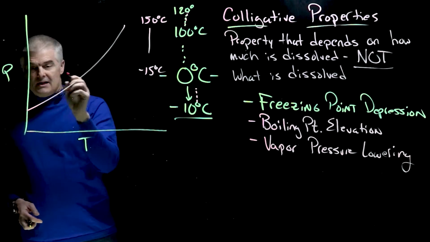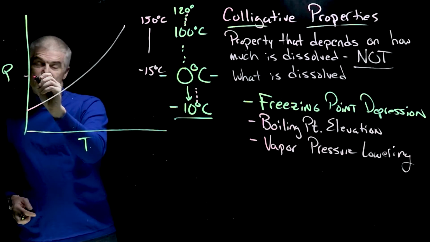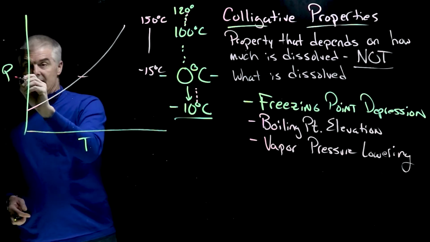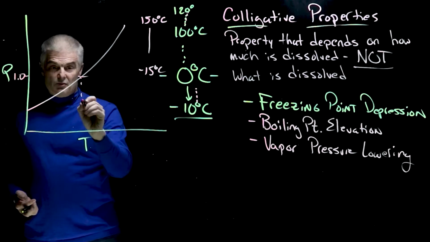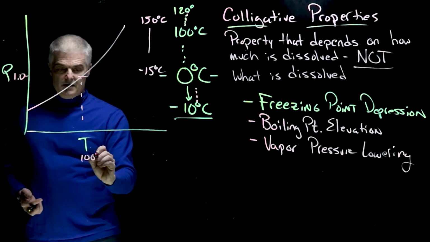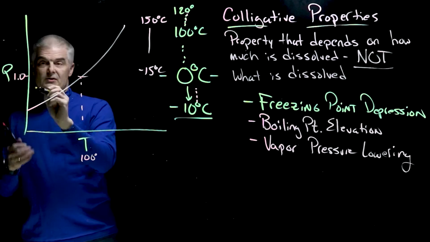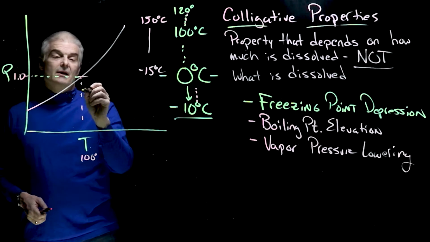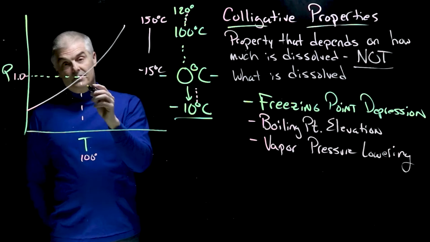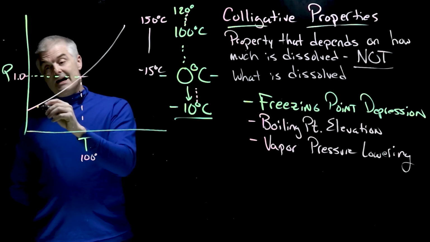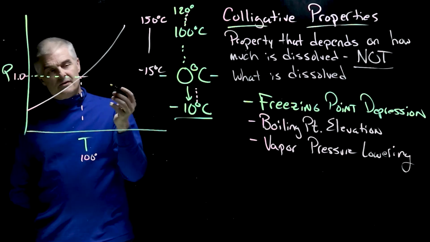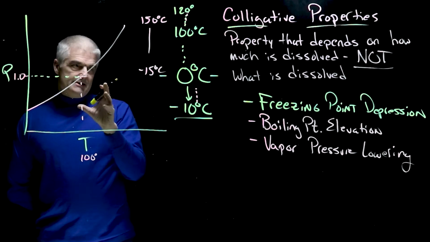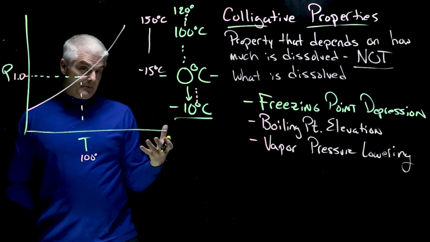If you have it at a particular pressure, let's say at 1 atmosphere of pressure, so it's sea level, as you heat it up, it will boil at 100 degrees. Now, vapor pressure lowering, and by the way, the vapor pressure is the pressure of a liquid as it evaporates. And you know this.